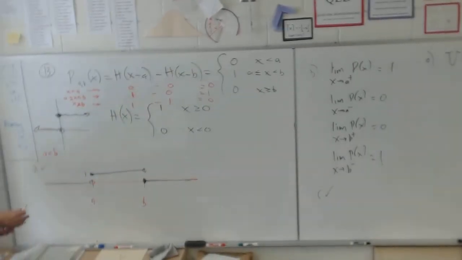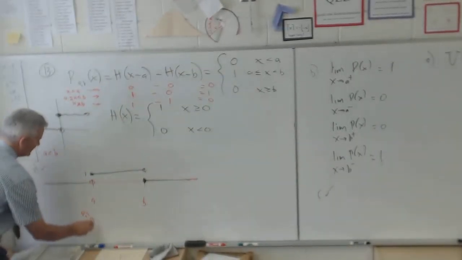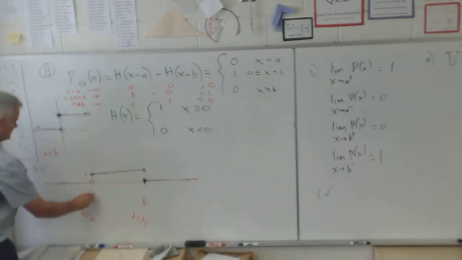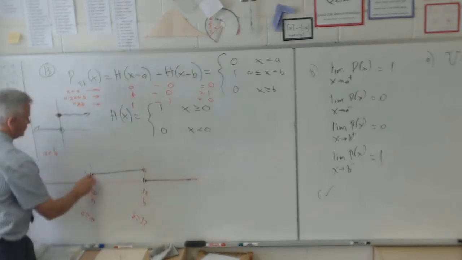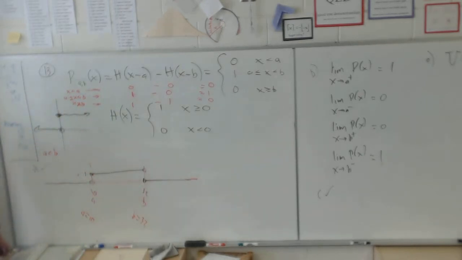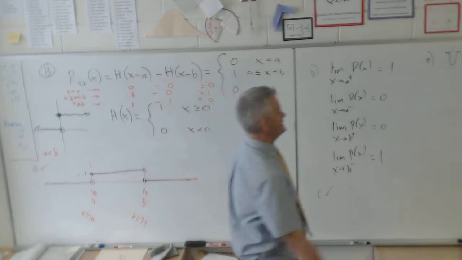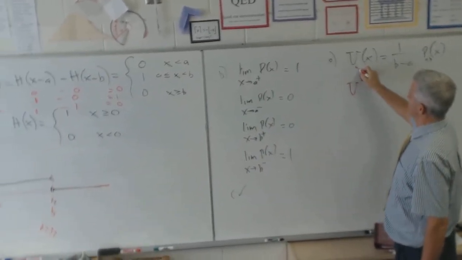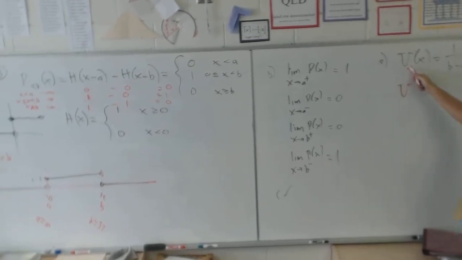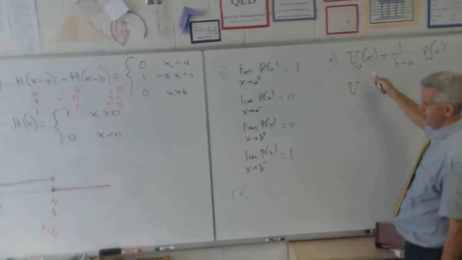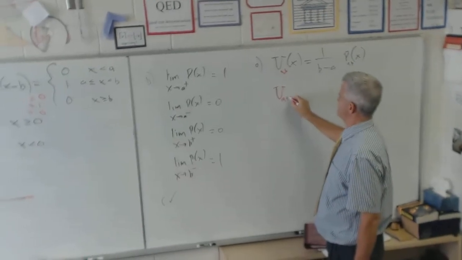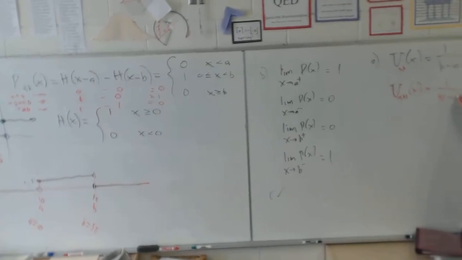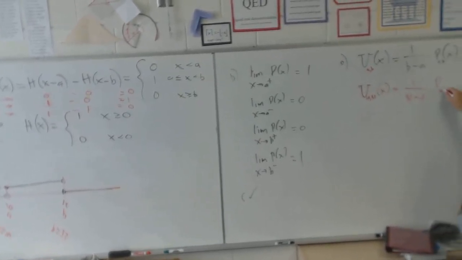Let me just give you an example right here. If A was 10, B was 32. This would be at 10, this would be at 32. This would still be up at 1. But if I did this, the unit function probably should have A B there, right? Did it have an A B there? No, it should have. u of 10, 32 of x is 1 over 32 minus 10 times p of 10, 32 of x.